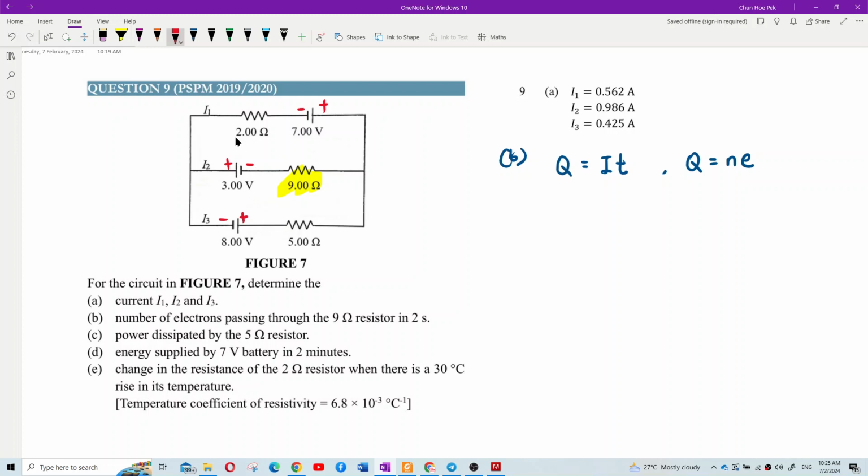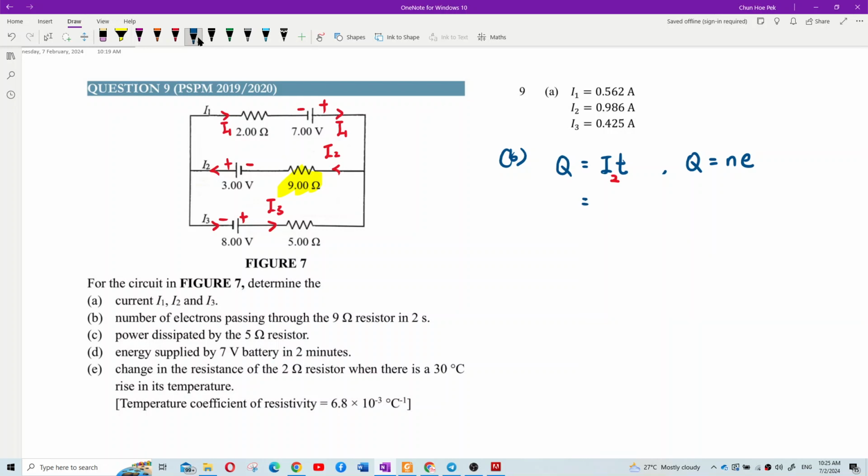This is I1, here it is I2, and I3 is over here. So for the 9 ohm resistor it is I2. We must use current I2 passing through the 9 ohm. The rest is just substituting the values.